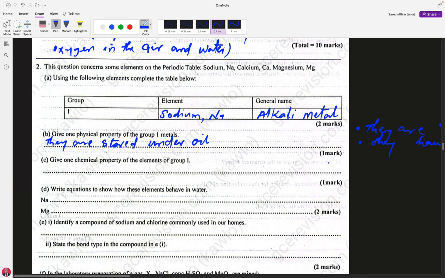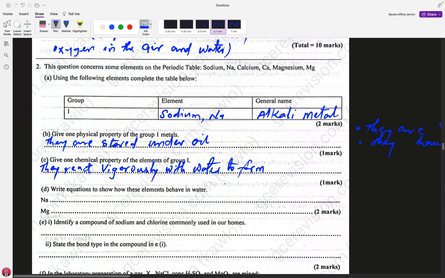So the property is they react vigorously with water to form hydroxide.